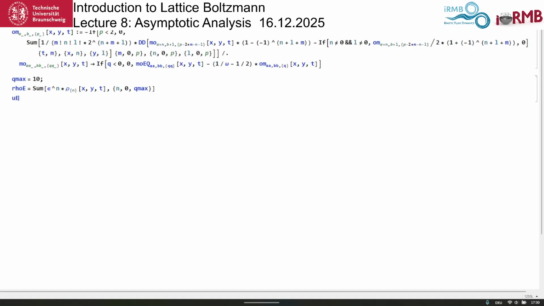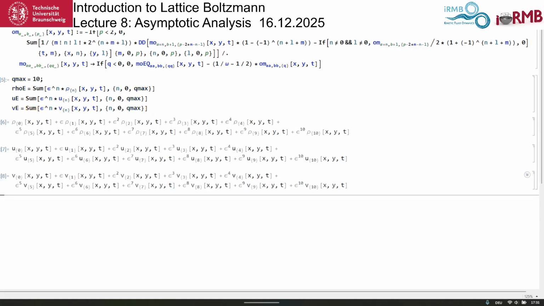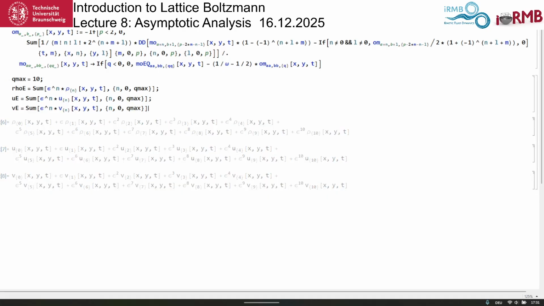U E, the same thing, right? U E is this just with U, and then V E is the same, just this with V. Okay, so this is the expansion. I'm going to put a semicolon in order not to see these.